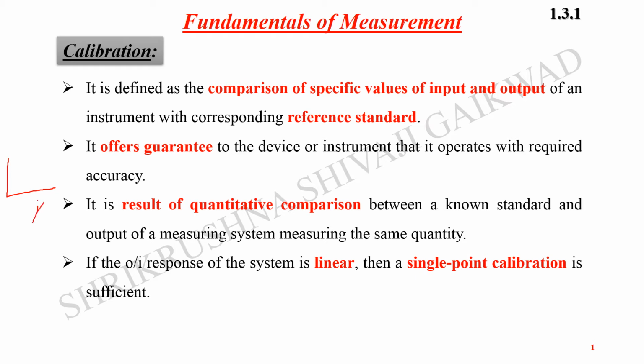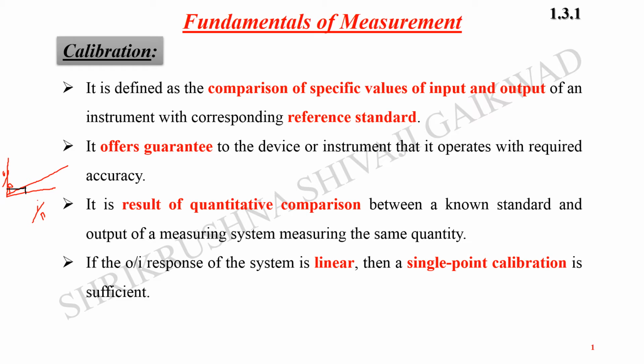Suppose this is the input, and on the y-axis is the output, and the input output relationship is a linear one like this, then only one point calibration is sufficient.